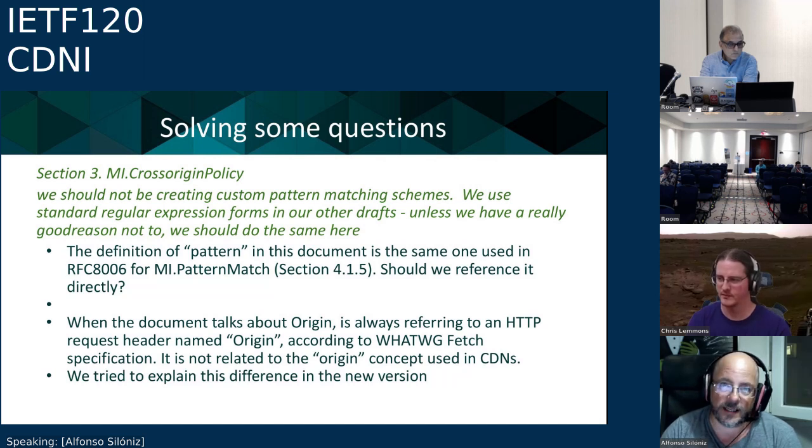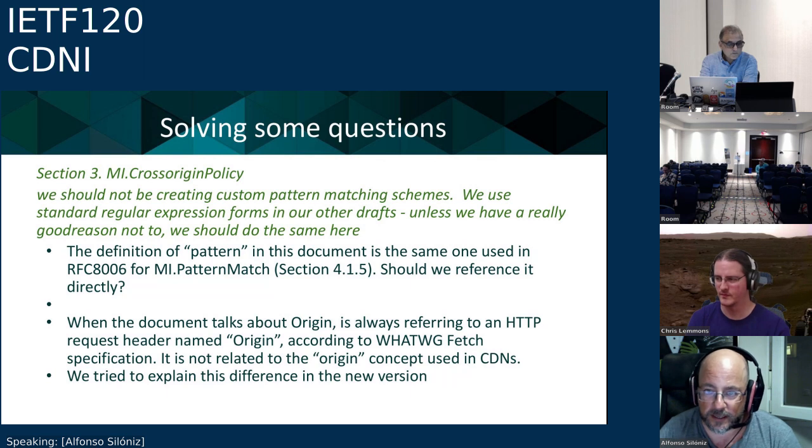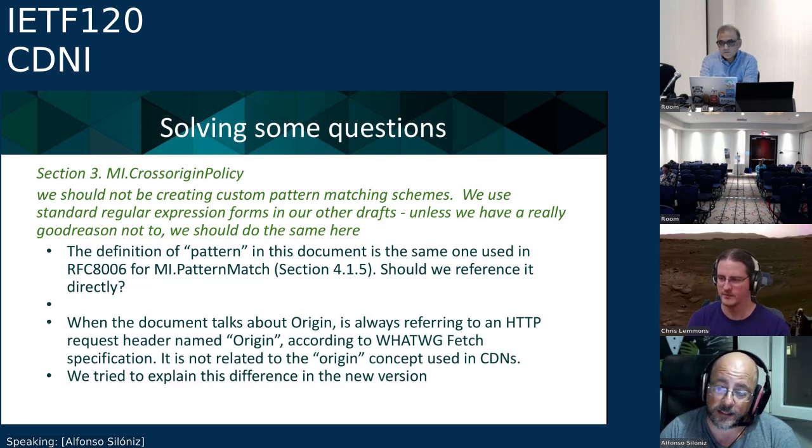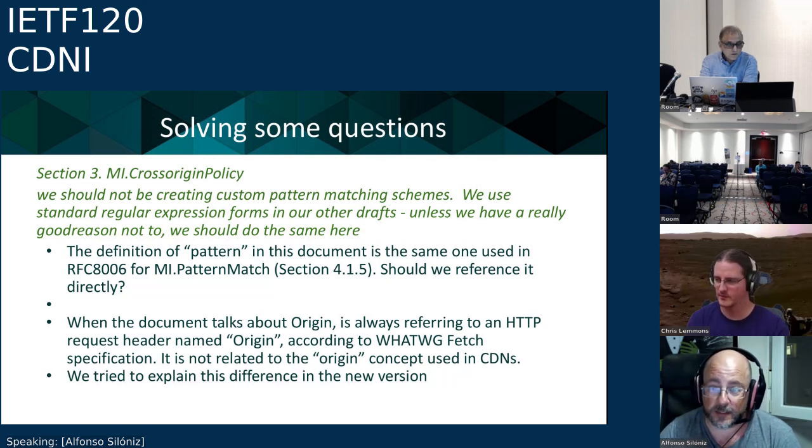I agree. Since it's exactly the same structure as in the RFC, my question is whether, in this object, we should reference the pattern match definition in the RFC, as it's exactly the same definition. I guess the most common response will be yes, but this is what I wanted to raise.